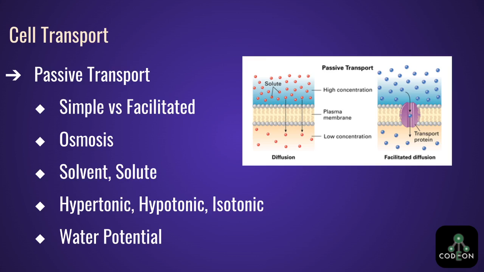Conversely, if the other side has a lower concentration, we would say that side is hypotonic to our concentration. And if the other side is equal to our side, the concentrations are equal, we would label that as isotonic. And also water potential, just another term that means the ability of water molecules to move from a higher to lower concentration.